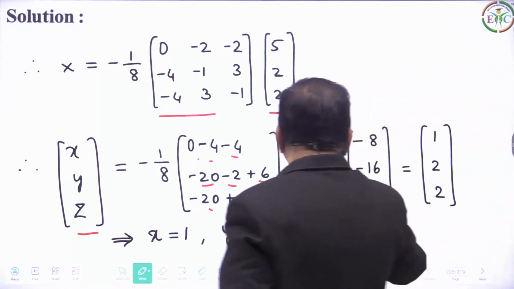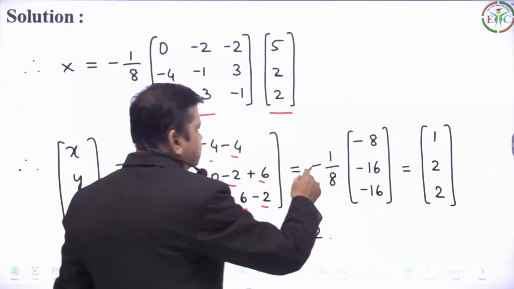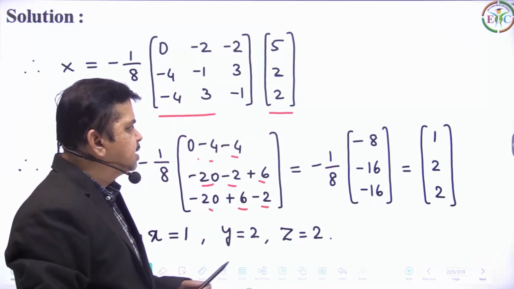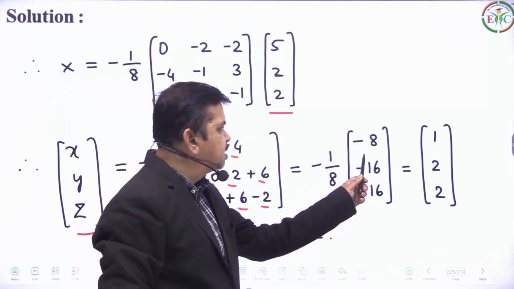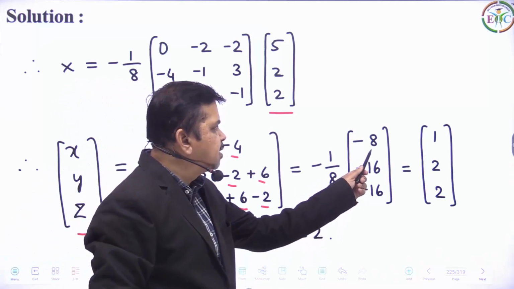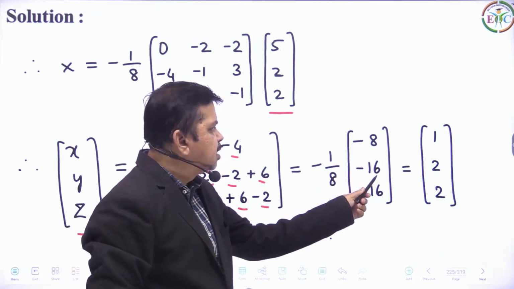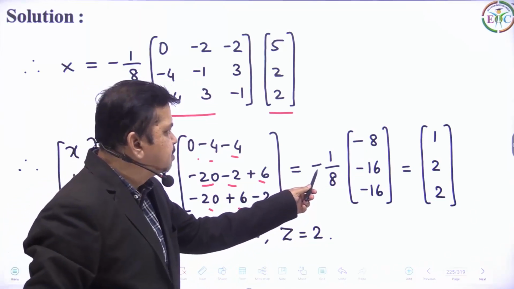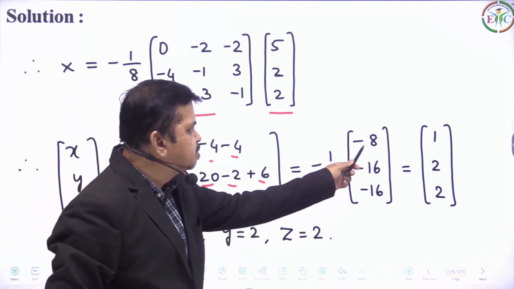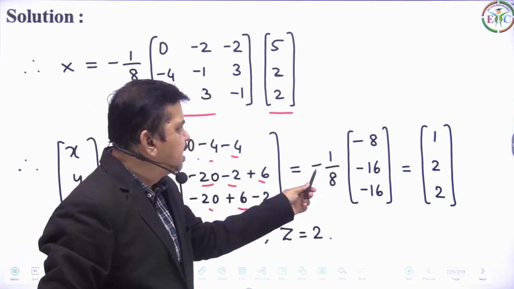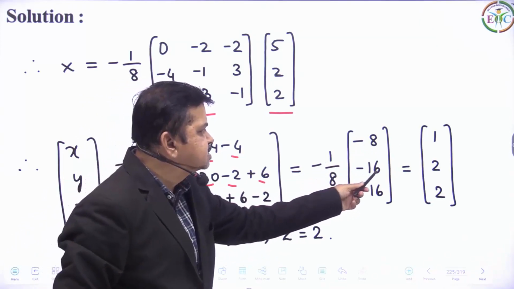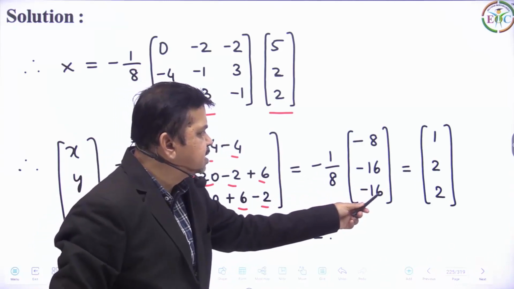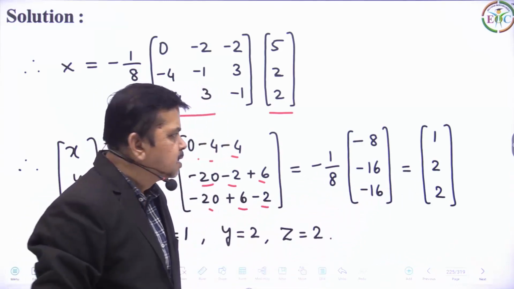Since minus 1 by 8 acts as a scalar value and 8 is a factor of all the elements of the resultant matrix, we have minus of 1 by 8 into minus 8 equal to 1, minus of 1 by 8 into minus 16 equal to 2, and minus of 1 by 8 into minus 16 equal to 2.